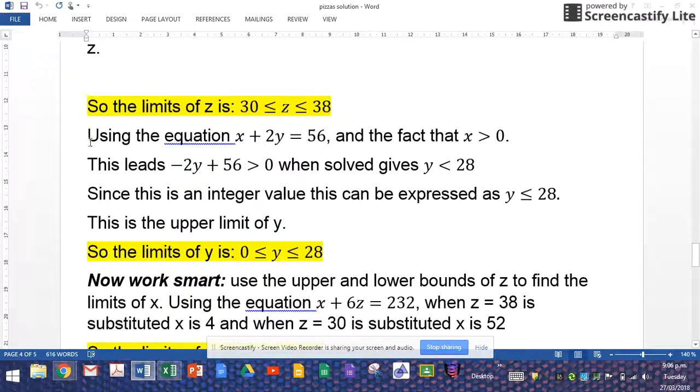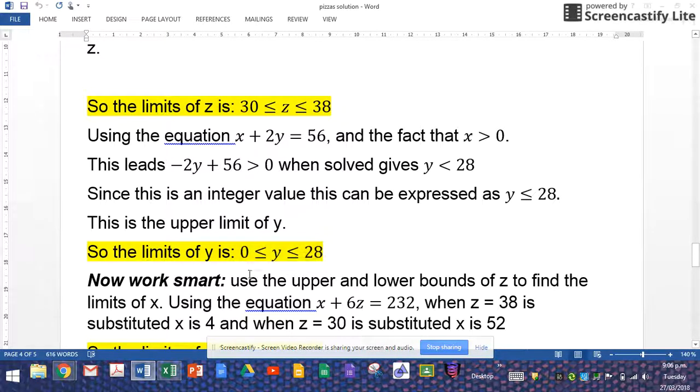Using this equation here, I ended up getting X is greater than 0, obviously. And solving this gave Y is less than 28. I have avoided some working here, which I'm sure you can catch up on doing. I found out that Y minimum must be greater than or equal to 0.